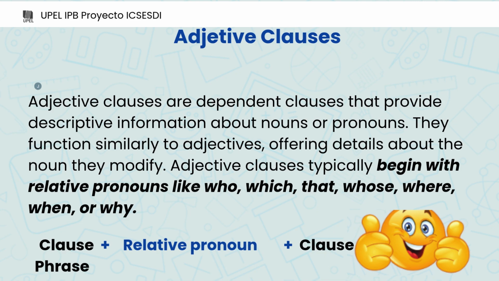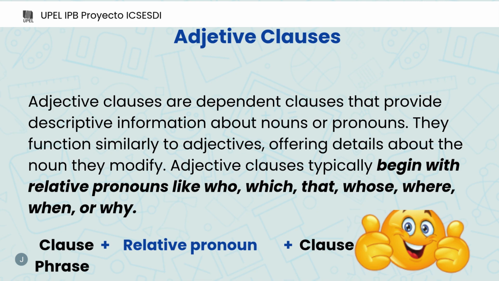They function similarly to adjectives, offering details about the noun they modify. Adjective clauses typically begin with relative pronouns like who, which, that, whose, where, when, or why. In this case, you also have a dependent and an independent clause joined by a relative pronoun.